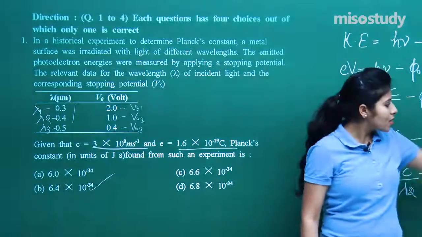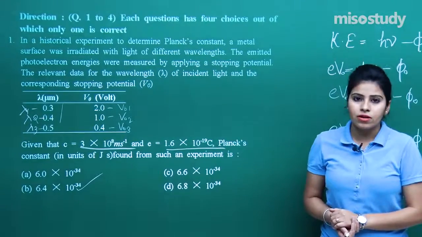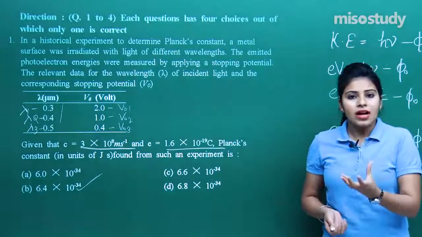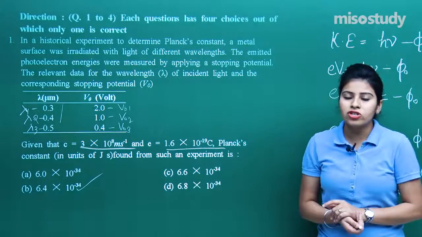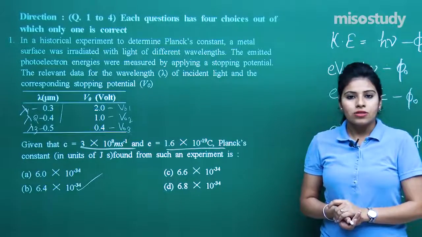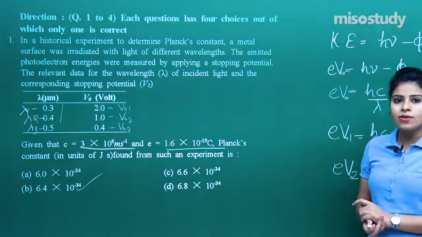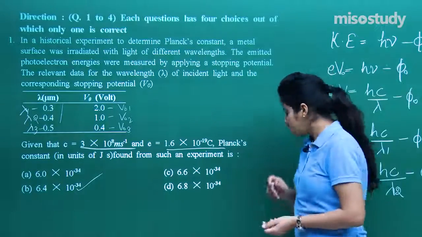So that means the correct approach has brought us to the correct answer. If you start your question with the right equation, you are definitely going to reach the correct target. So yeah, we have completed this question, and now let us see what is question number 2.